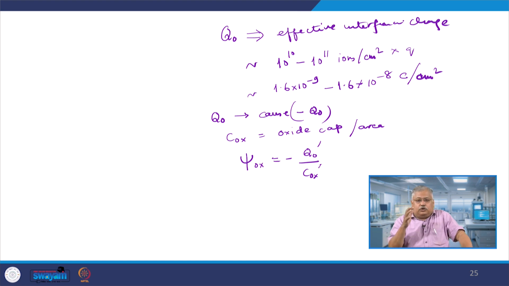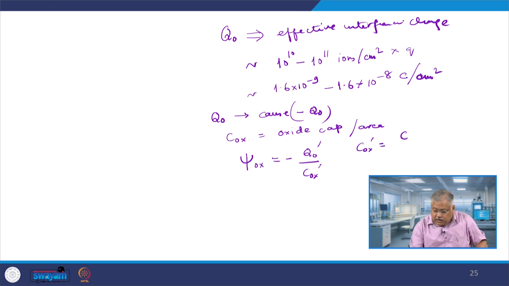oxide layer. You understand, Q equals CV, everybody knows that. So, this psi ox is the potential across the oxide layer. I am assuming that there are Q0 prime number of interface trap charges per unit area. If I divide that by Cox prime, which is the oxide capacitance per unit area, with a negative sign, then I will get the potential across the oxide layer as psi ox, where my Cox prime can be written as epsilon ox divided by Tox, where Tox is the thickness of the oxide layer.